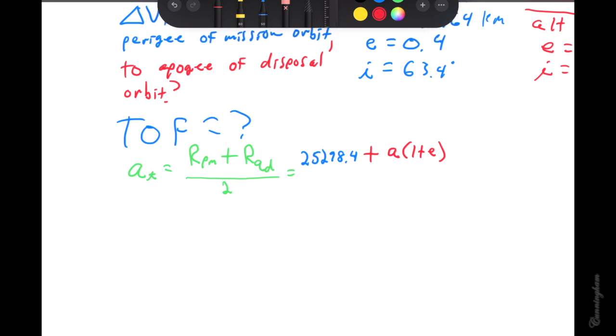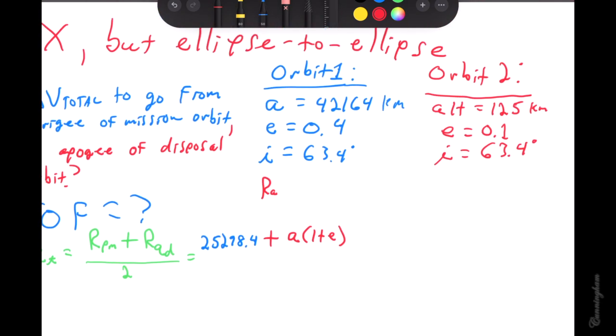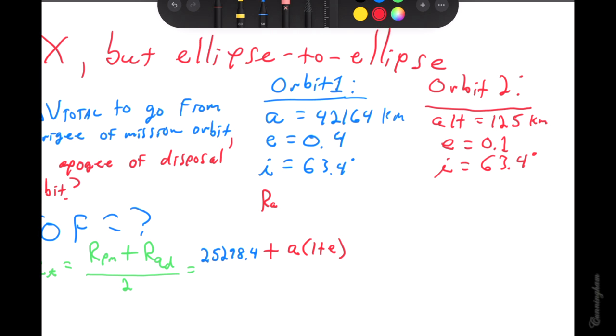A times (1 plus e), right? That's the radius of apogee of any particular orbit. And they tell us that at apogee, this is what makes this a little complicated, the altitude of this bad boy is 125 kilometers. And so at apogee, it's 125 plus the radius of the Earth.